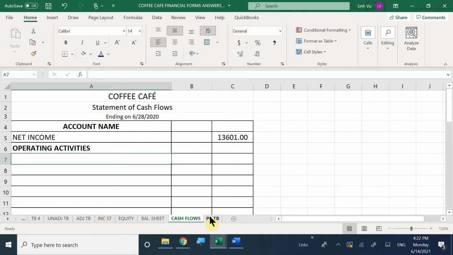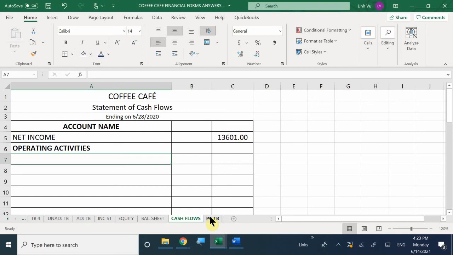Rule of thumb first: part of operating activities is that we're going to look at anything that's a non-cash value. Like I said, we're going to split up our balance sheet and populate the areas in there.